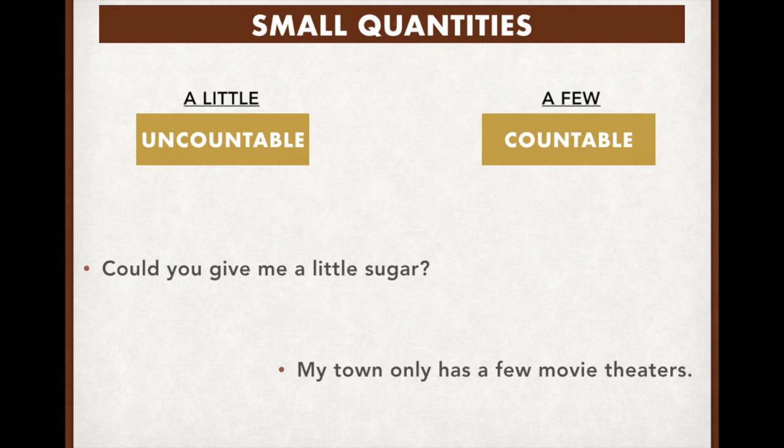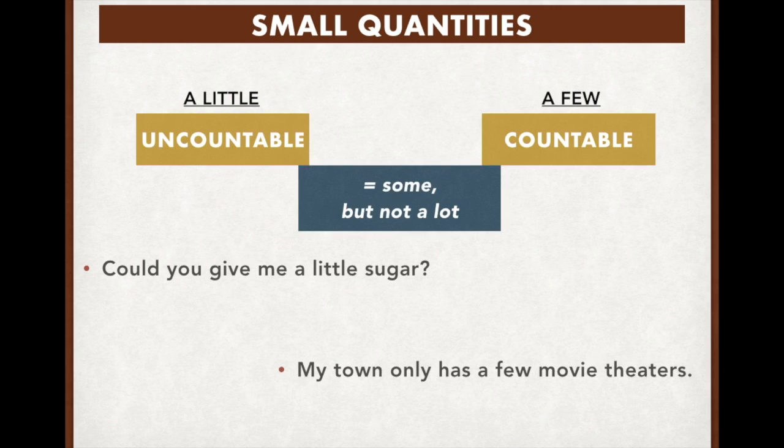So a few cars, a few students, okay? A little water, a little sugar, and a little or a few means some, but not a lot, okay? It's a small quantity. If I tell you, could you give me a little sugar? Just give me some sugar, but not a lot, okay?